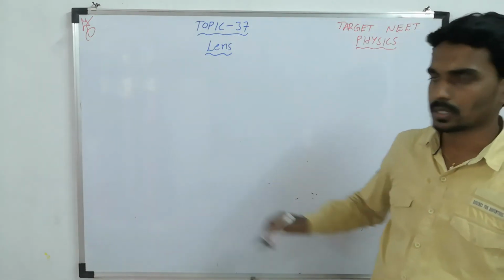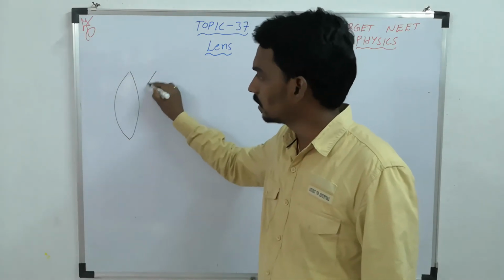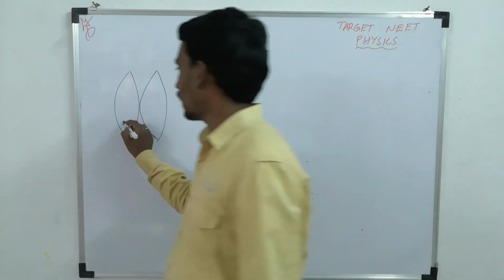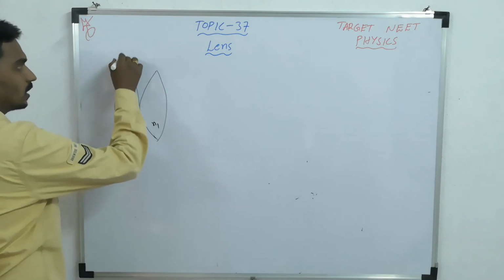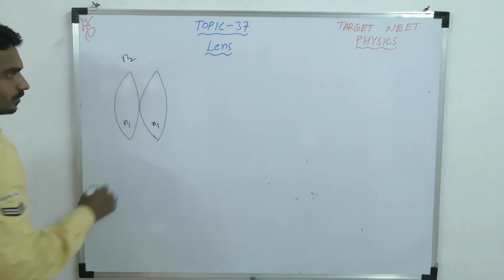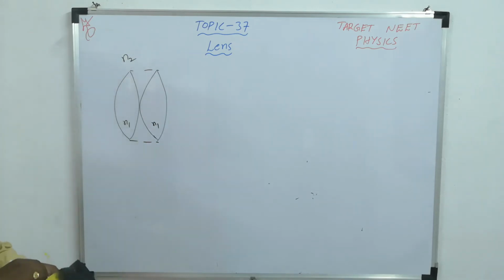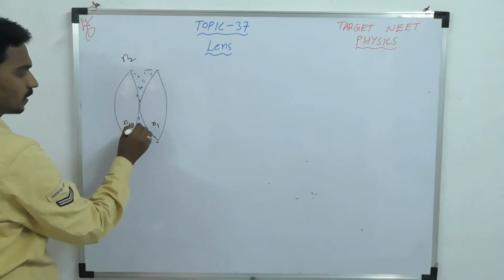Let's take one example. Suppose consider this is one convex lens, this is one convex lens, and this refractive index is n1 and this is also n1, and they are placed in a medium n2. Now this space is filled with some medium, some liquid or something.